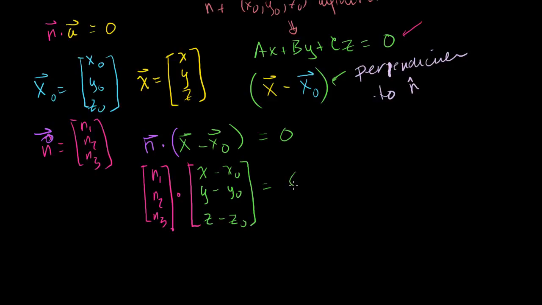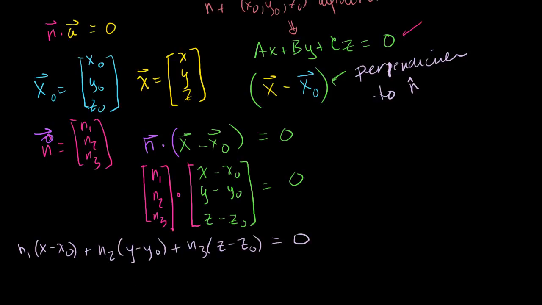And we know that this whole thing has to be equal to 0 because they're perpendicular. And then if we take the dot product here, we get n1 times x minus x naught plus n2 times y minus y naught plus n3 times z minus z naught is equal to 0.